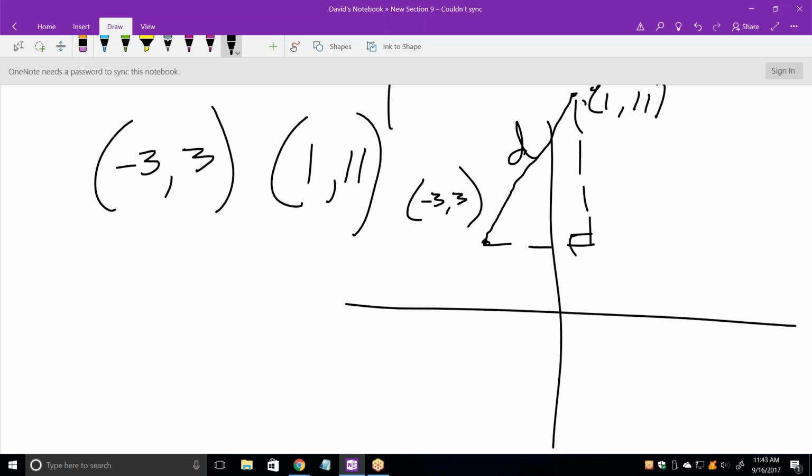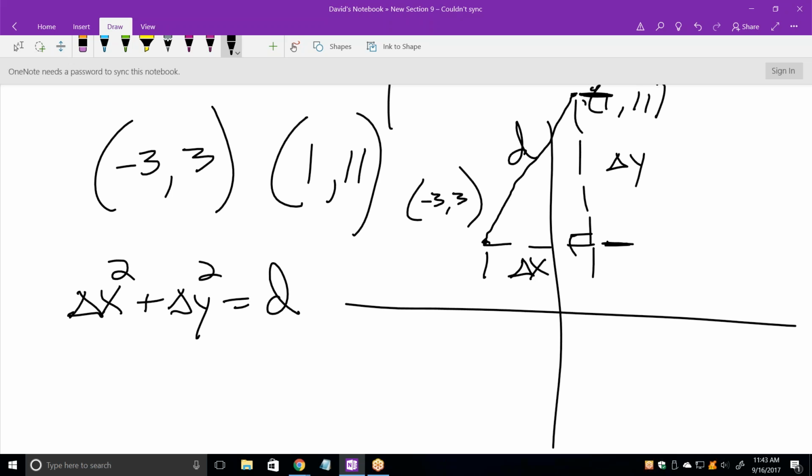We'll call this distance delta x, and we'll call this distance from here to there delta y. What the Pythagorean theorem says is delta x squared plus delta y squared equals d squared. Delta x means the difference in the two x coordinates. Delta y means the difference in the y coordinates.